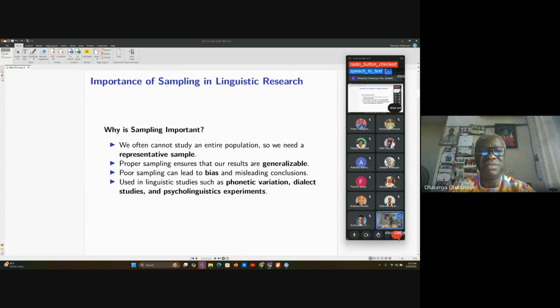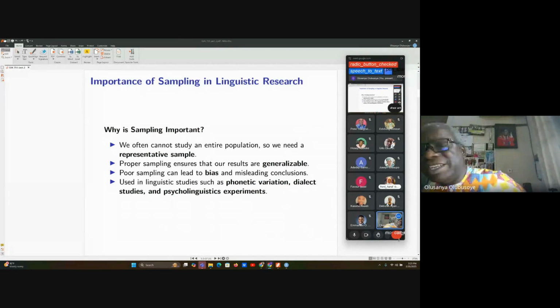So sampling is used in most linguistic studies, such as when you are analyzing phonetic variations. Can somebody explain that? How do we analyze phonetic variation? Or what do we mean when we say we are analyzing phonetic variation?